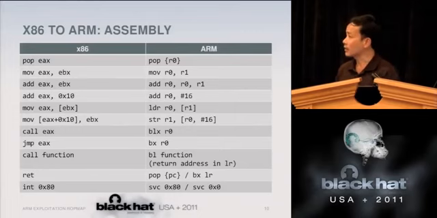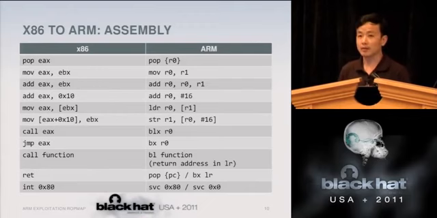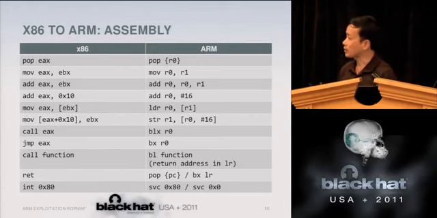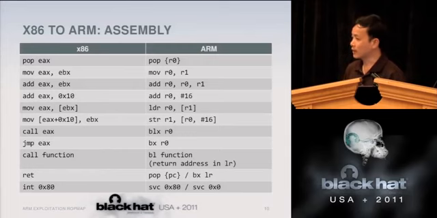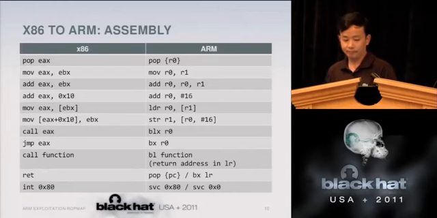In x86, we just have the move instruction, so it just moves a value from memory to register or vice versa. But in ARM architecture, there are two different instructions: LDR to load a value to a register, and STR to store the register to memory.